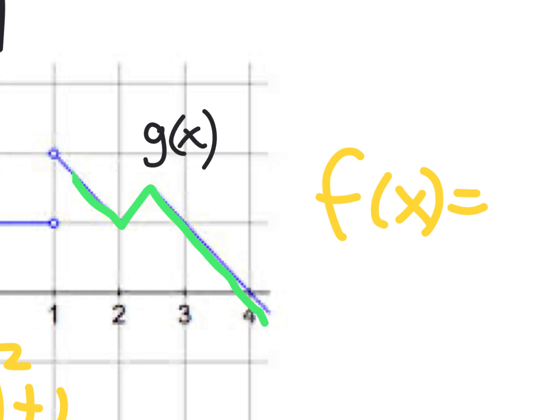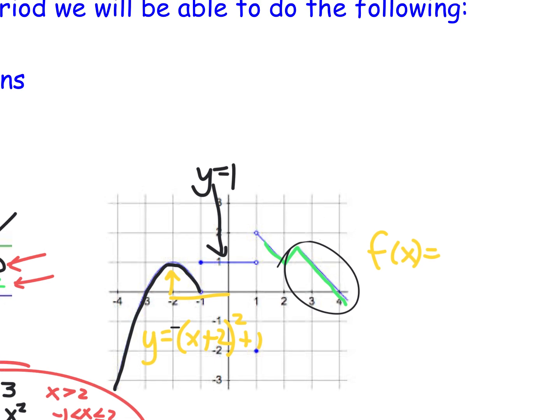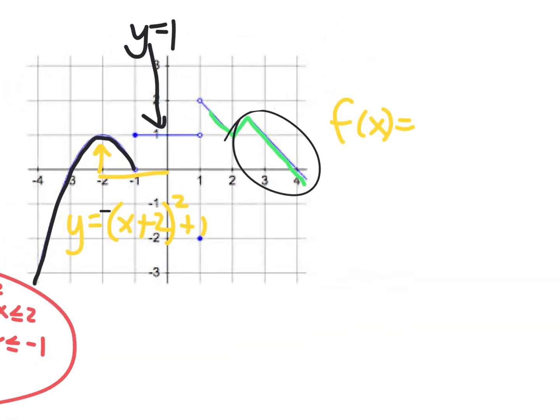Maybe that could be like 2 absolute value functions. I agree. You're probably right. You could probably blend 2 absolute value functions because you see the V shape kind of in there? Very good point. So there probably is a function, but we would never ask you to do that. It's way too complicated. All right, I'm just trying to show you that this is made up of 3 separate functions. Do you get that?